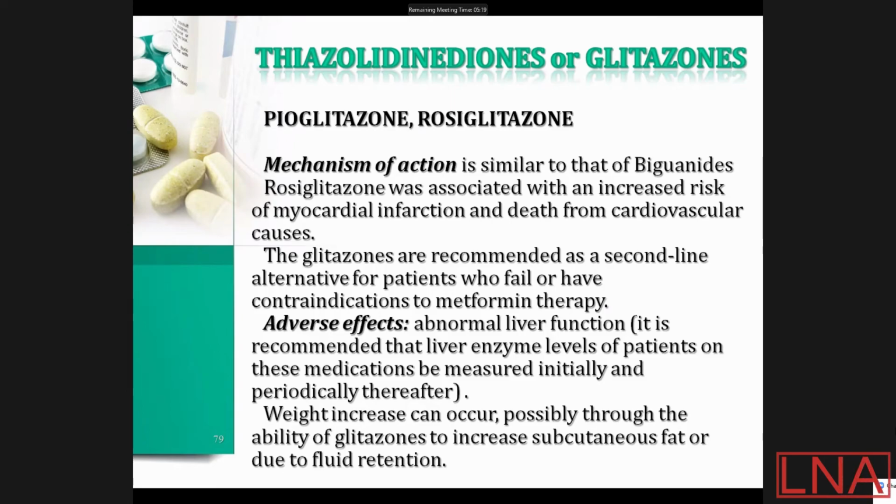Glitazones are recommended as a second-line alternative for patients who fail or have any contraindication to metformin therapy. Abnormal liver function is one of the most dangerous side effects, because they influence gluconeogenesis in the liver. Because they are almost like biguanides, they are easy to remember, but this class is the main one for treatment of diabetes, as you see.